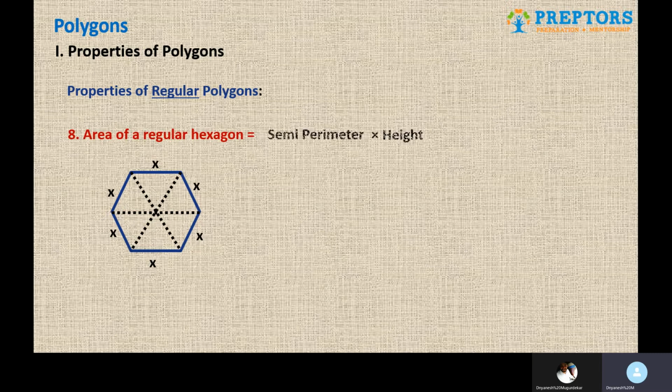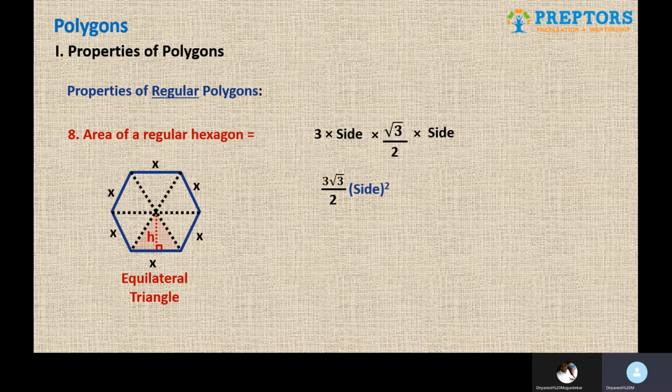But if we use the formula that we have just now seen, which is semi-perimeter into height, you are going to get the same answer. So semi-perimeter will be 3x and height will be root 3 by 2 into side, because it is an equilateral triangle. So in short, you get the formula as 3 root 3 by 2 into side square.